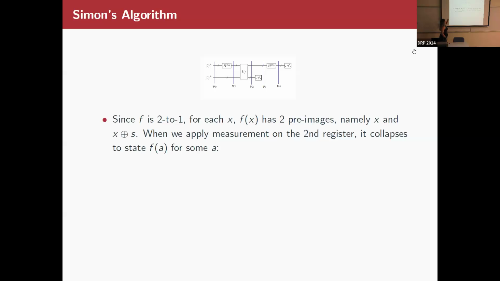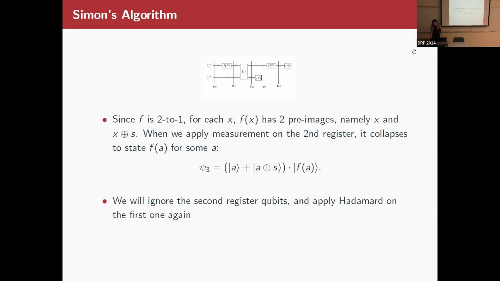Now we need to measure this, but we know that since f is 2-to-1, for each x, f(x) has 2 preimages, namely x and x XOR s. When we apply measurement on the second register, it collapses to a state f(a) for some a. We get this expression. Now we actually measured the second register, so we are going to omit it.